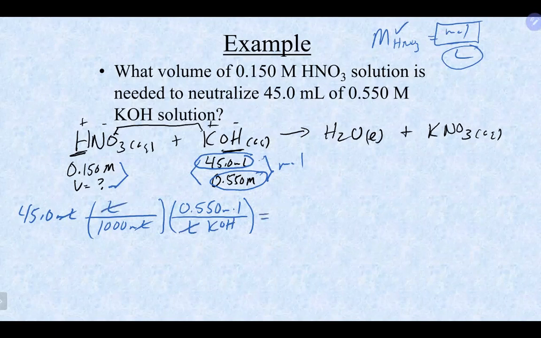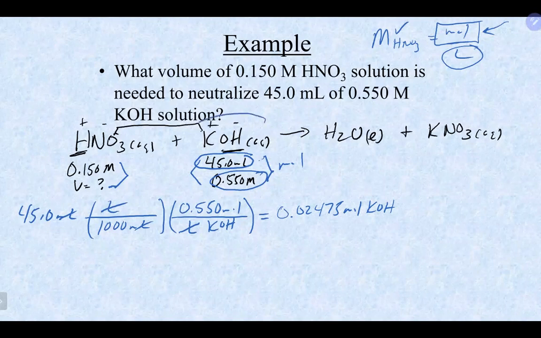And this is basically like our second step in the stoichiometry problem, converting to moles. And if we do that, we end up with 0.02475 moles of KOH. Remember that we're not looking for the moles of the KOH, but we do need the moles of the nitric acid.